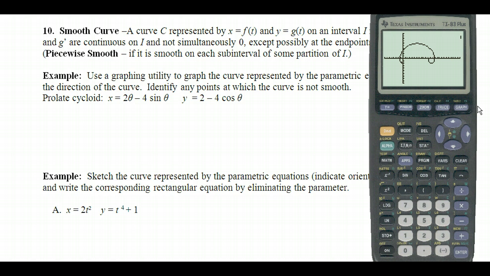Because this is a prolate cycloid, it's not the exact point that it went to before, but we have this type of curve. And really this is just going to keep repeating and going and going. Again, I want to make my window settings a little bit bigger here. I have to have patience for it, and just increase that x value.